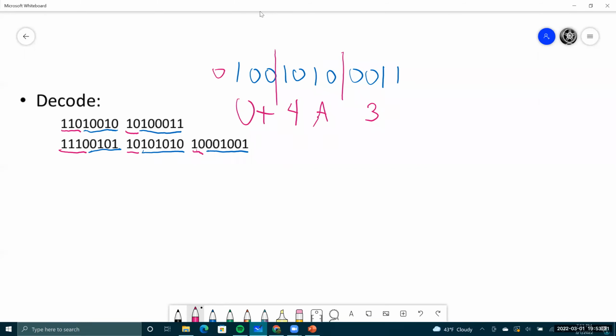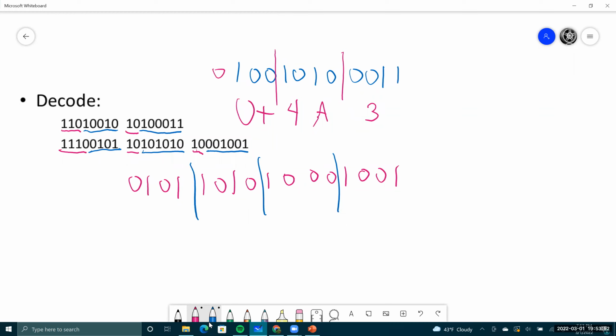The next one is 1 0 0 1 0 0, and then 0 1 0 1 0 1, and then 1 0 1 0. Okay, so now I'm going to do groups of 4, and this would be 9. This is 8. This is A, and this is 5.